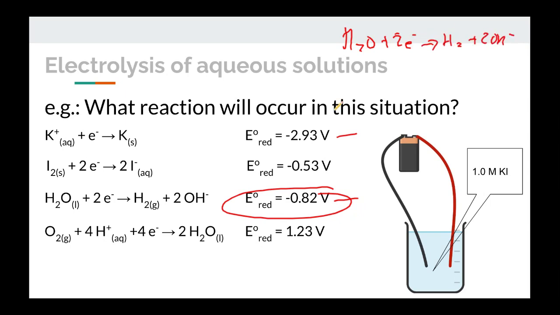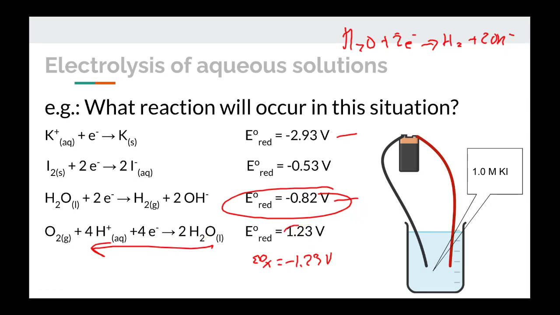plus 2OH-. Now, in addition to iodide ions, which we had in the molten KI, we could also have water oxidize. So if that was the case, the oxidation potential would be negative 1.23 volts, if this reaction went in reverse and oxidized.